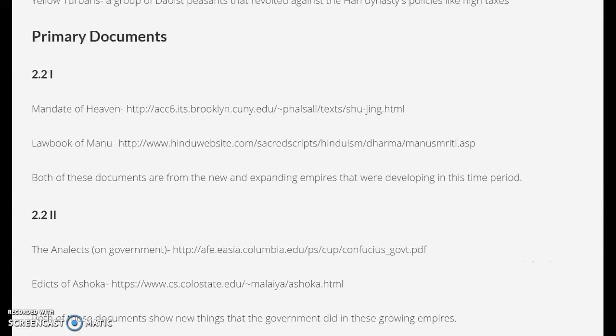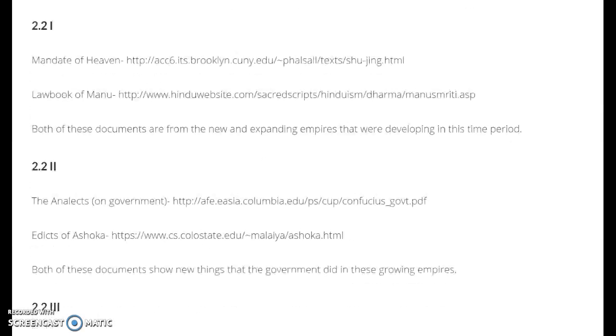Primary documents for 2.2. The first one we have is the Mandate of Heaven. It's about how Chinese government ruled, and the Law Book of Manu, which is about the Hindu code, which affected the governments in India and what they did.